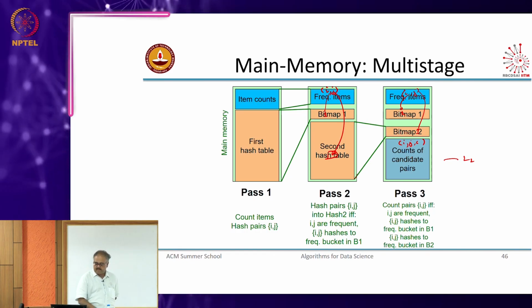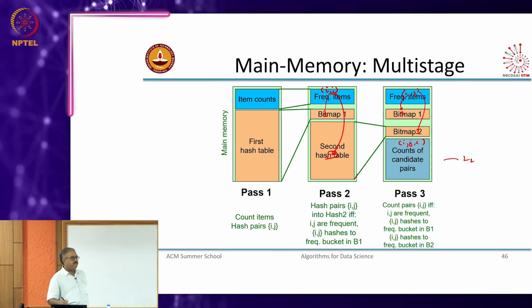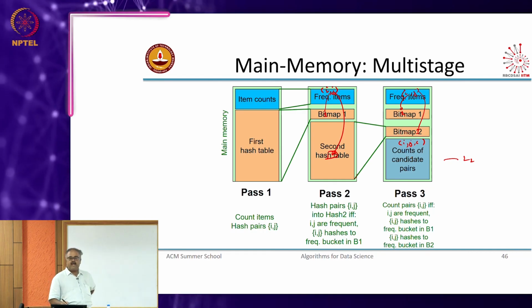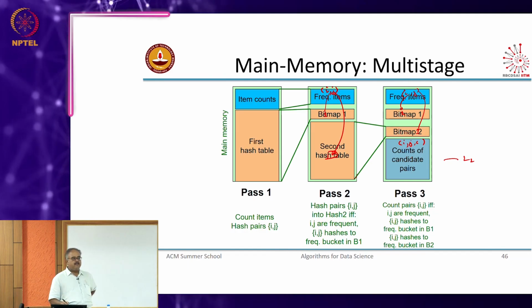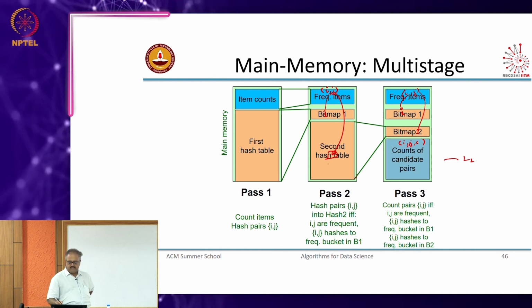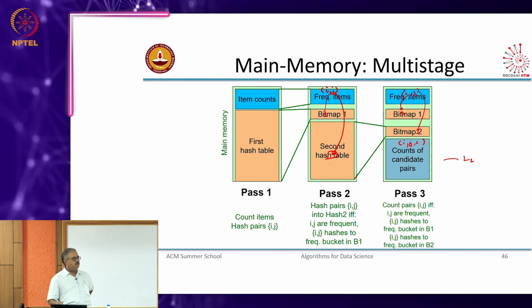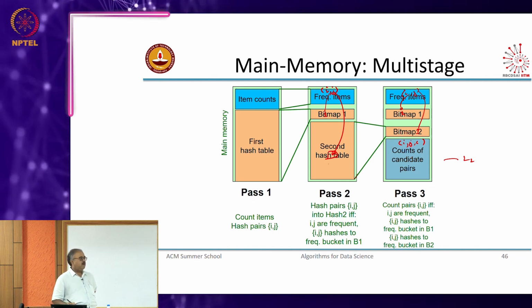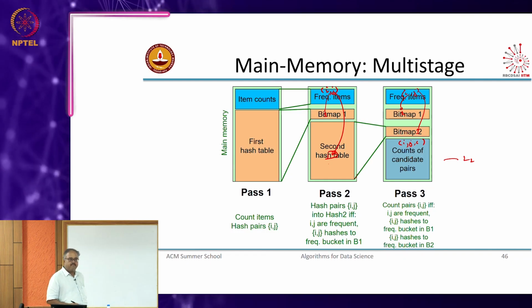What we did here, we only took elements that were frequent in bitmap 1, hashed them into a bin here and counted the number of occurrences, right. So why can't I just take this ij, see if it is a 1 in bitmap 2, and then if it is a 1 count? Why do I have to check whether it is a 1 in bitmap 1 also?